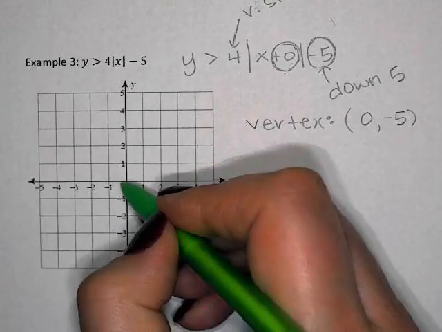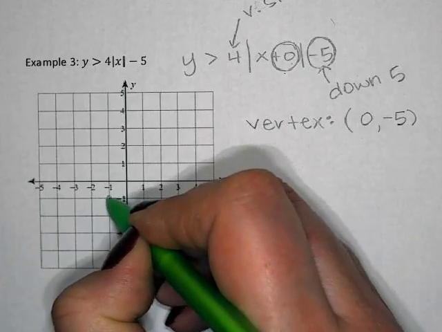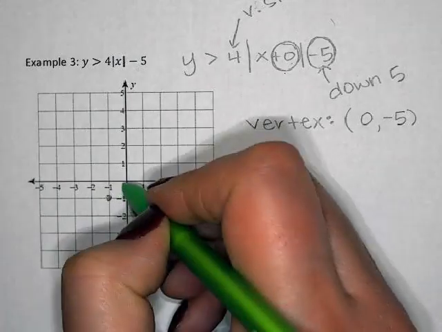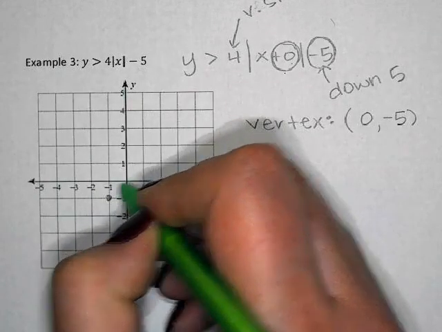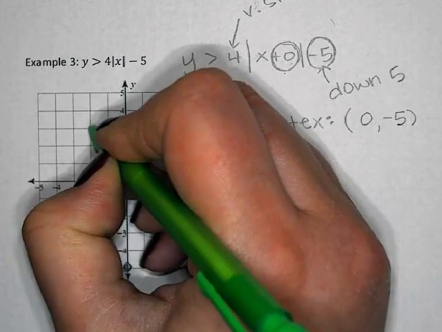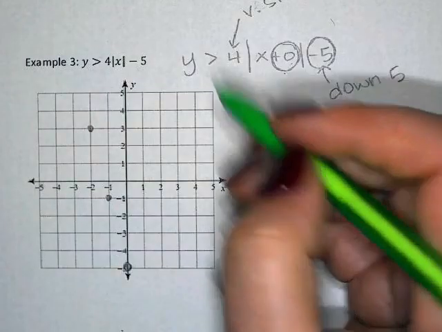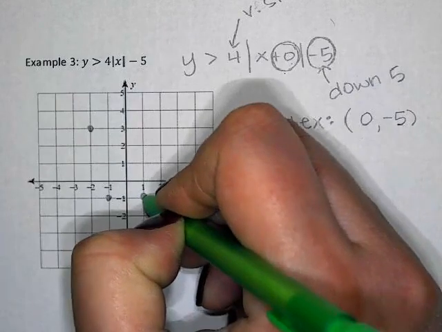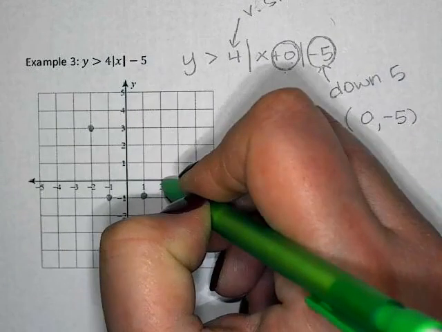And -2, +3. And +1, -1. And +2, +3. So you can see, here's all the points that we're graphing.